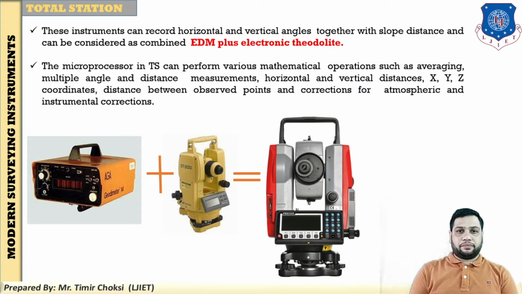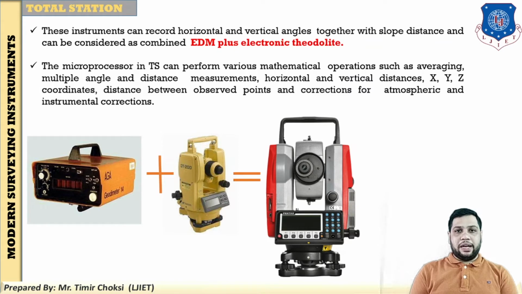The total station is used for finding the horizontal angle as well as the vertical angle, horizontal distance as well as vertical distance, meaning linear and angular measurement, and for finding the slope distance, gradient, and slope. The x, y, and z coordinates are given by this instrument.